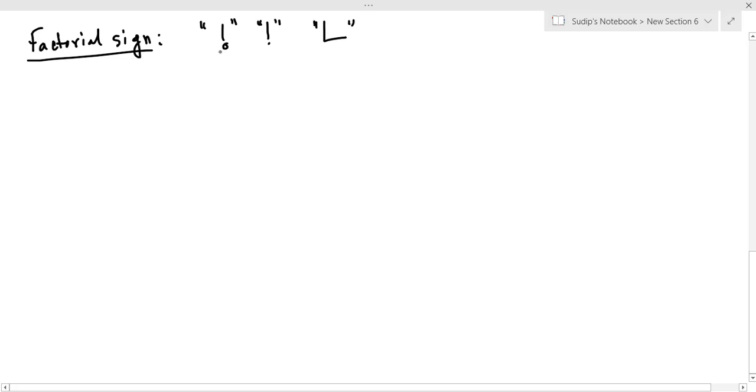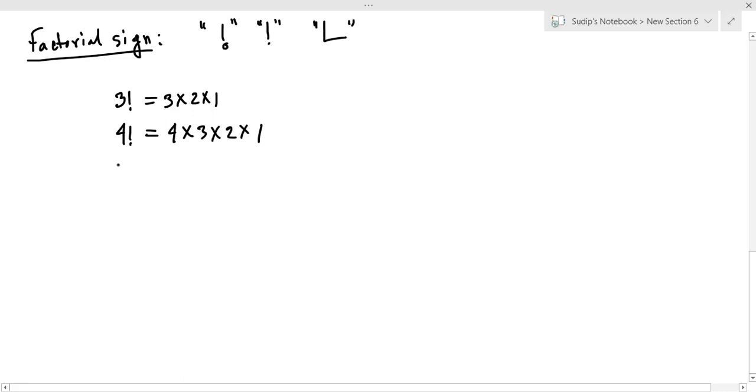But what does this mean? Say you are given 3 factorial. This means 3 into 2 into 1. If you are given 4 factorial, you write 4 into 3 into 2 into 1.